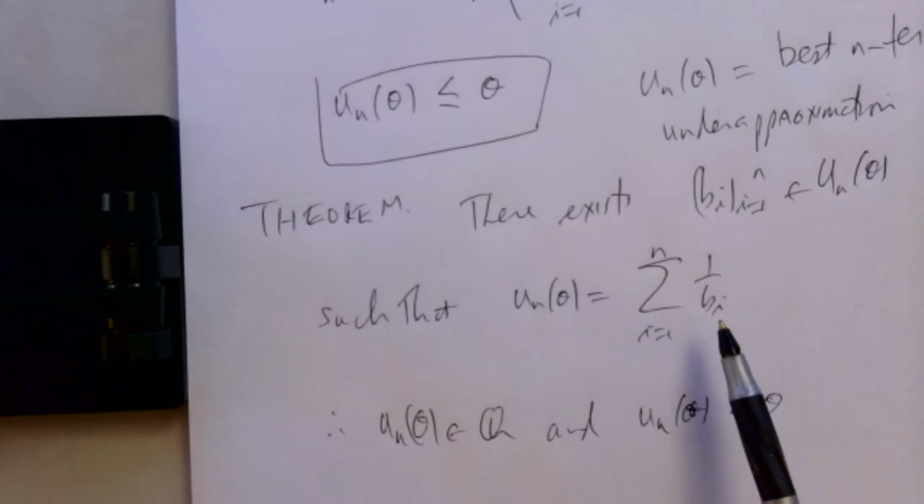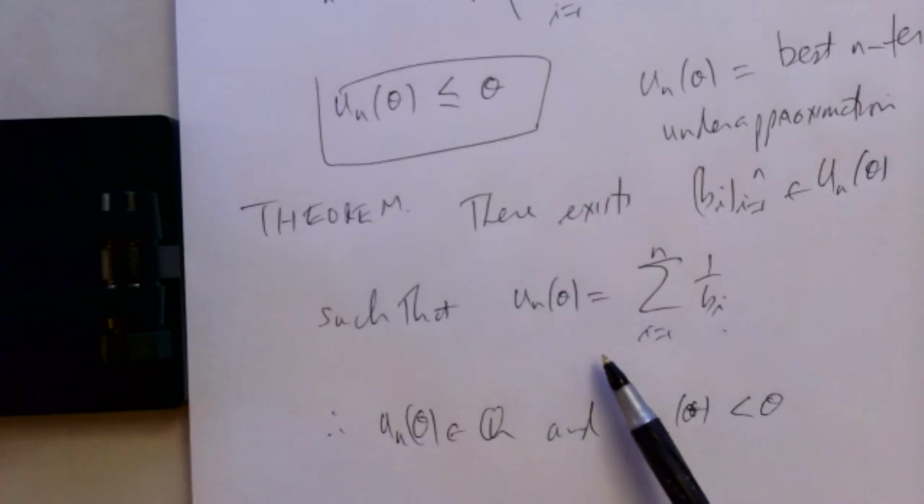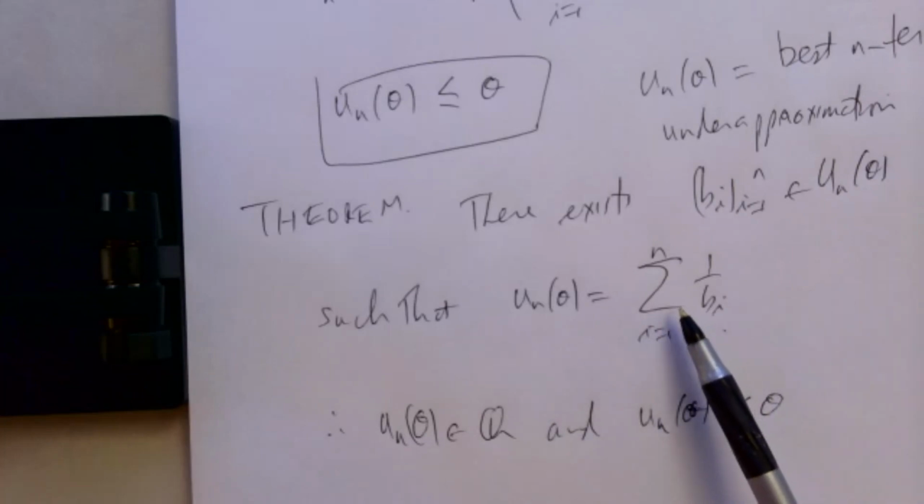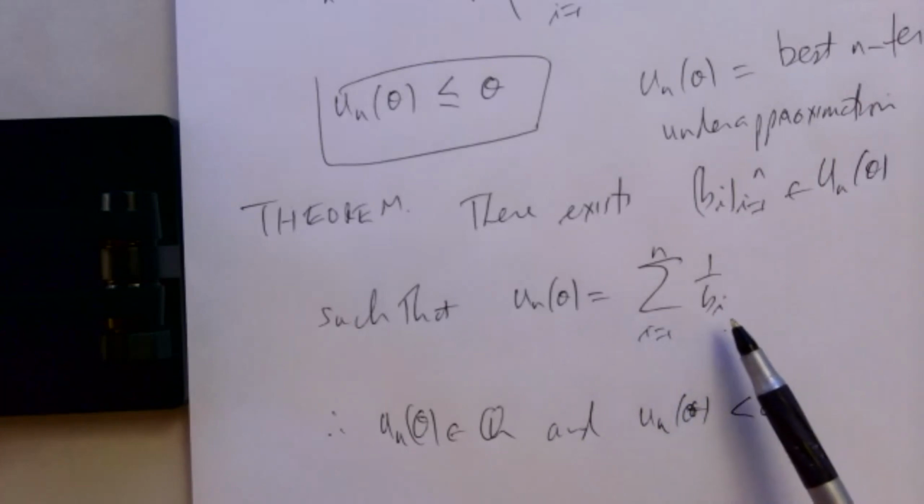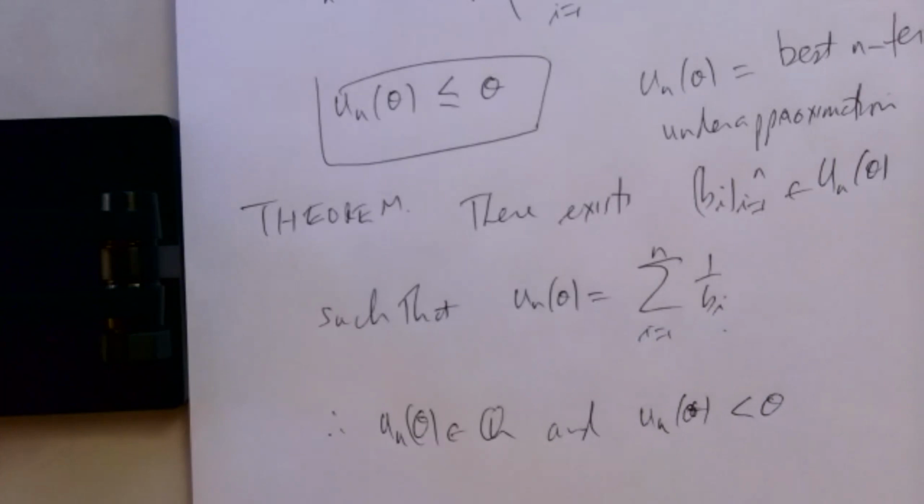Right? This doesn't say anything about uniqueness. This says that there's at least one sum of n Egyptian fractions which is the best under approximation to theta. It doesn't say that it's unique. And the reason it doesn't say that it's unique is because it's not unique.